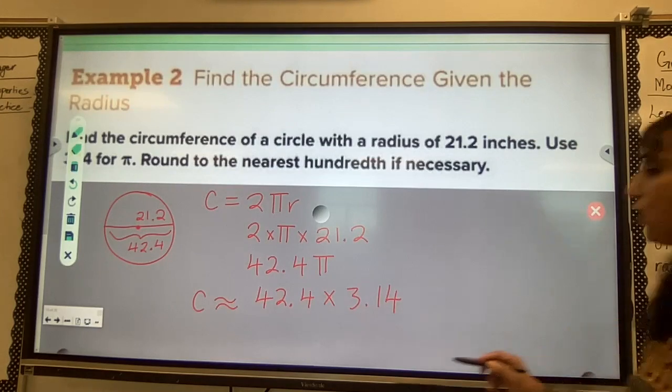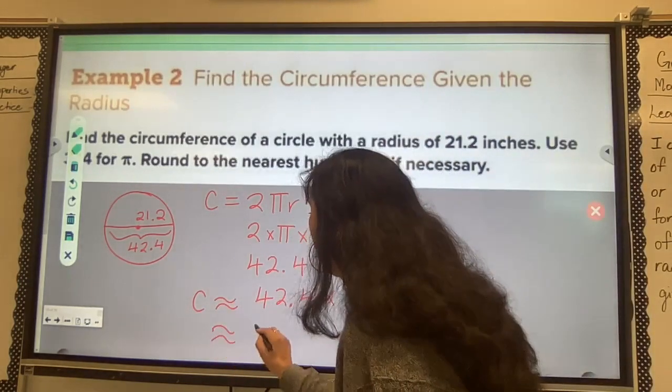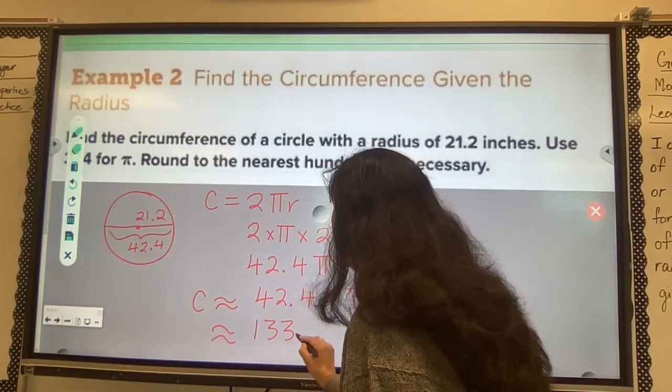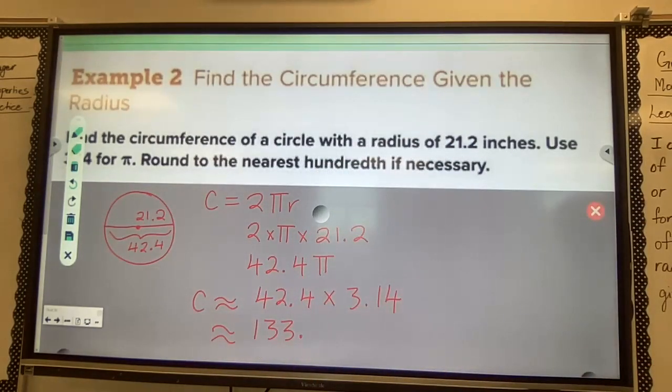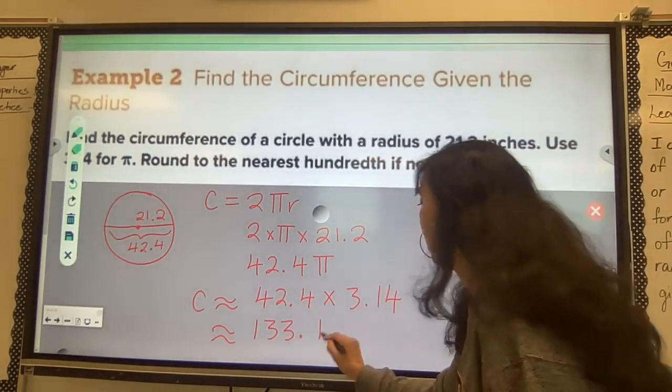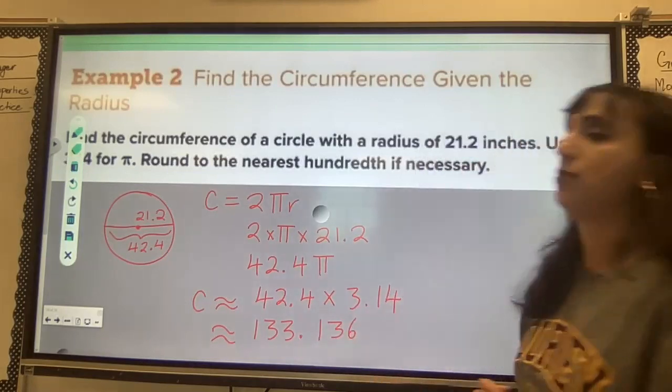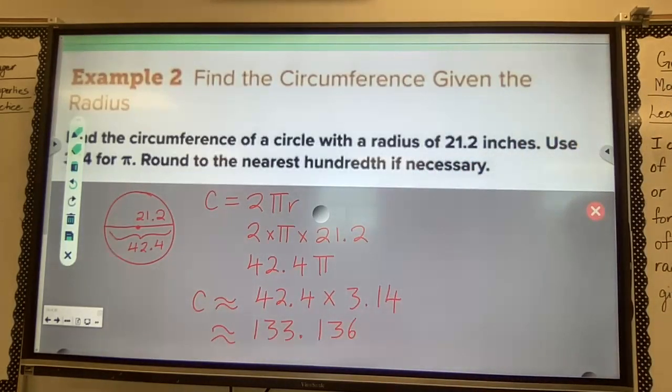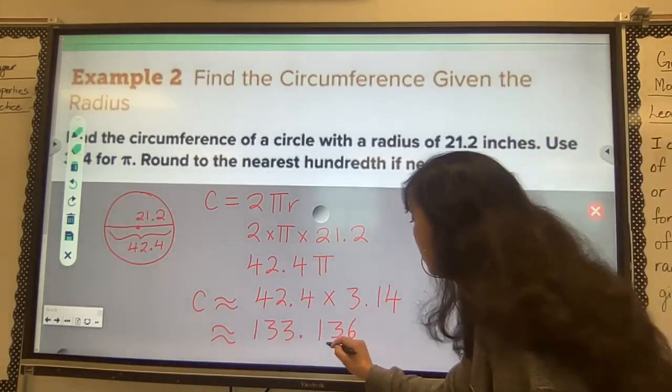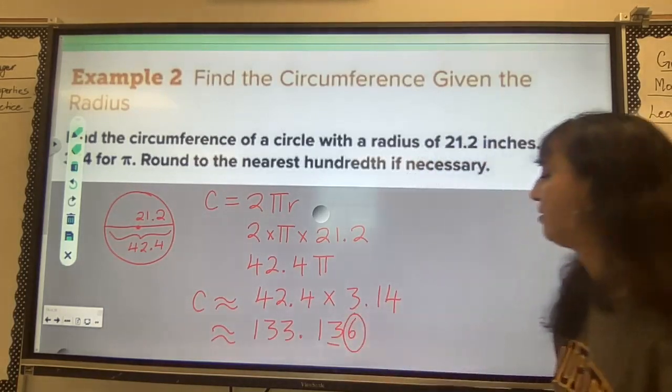It's going to be approximately 133 and 136,000th. So this is my approximation, and then I am going to round it to the nearest hundredth place value.